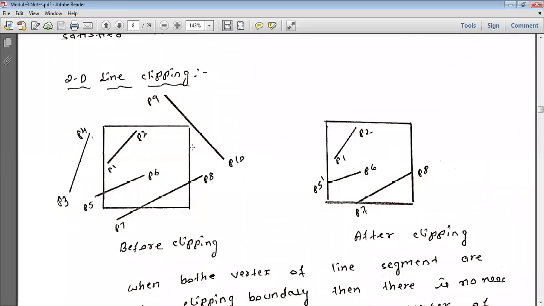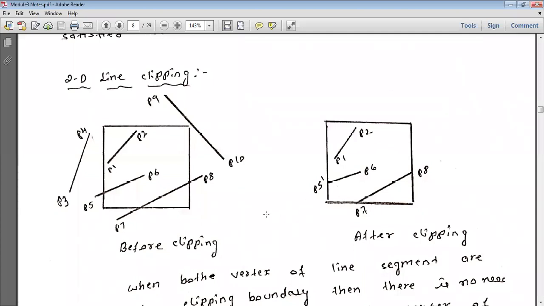That means if this is the input I give, this is the output that I require. Clearly see the difference between this and this, where all the lines or parts of lines within this particular window have been retained, and all the lines or parts of lines outside that window are eliminated.